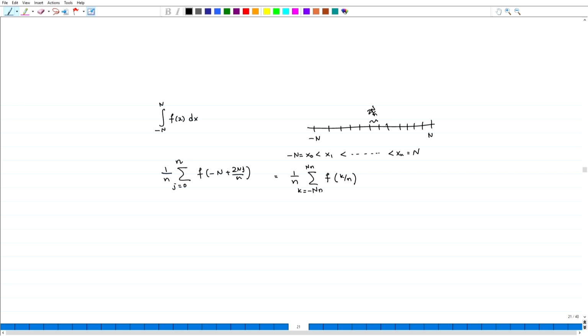As n goes to infinity, this is going to approximate the integral above, minus n to n. So, that is what we will write: the integral from minus n to n of f of x dx is equal to the limit as n goes to infinity of 1 over n, summation of f of k by n.